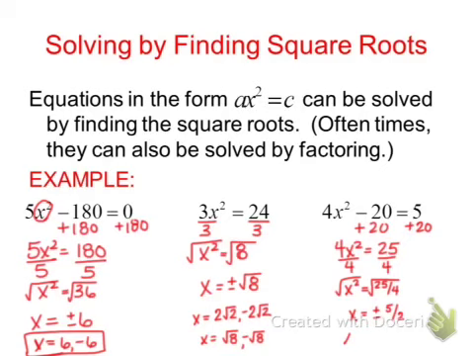Okay, so what I really end up with is positive 5 halves and negative 5 halves, which is positive 2.5 and negative 2.5. Or you're more than welcome to leave it as positive 5 halves and negative 5 halves, which would be acceptable as well.